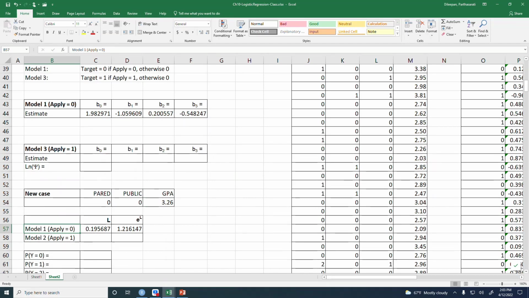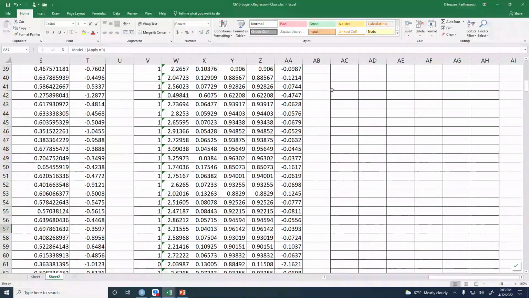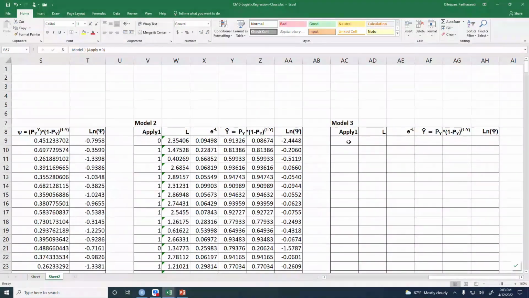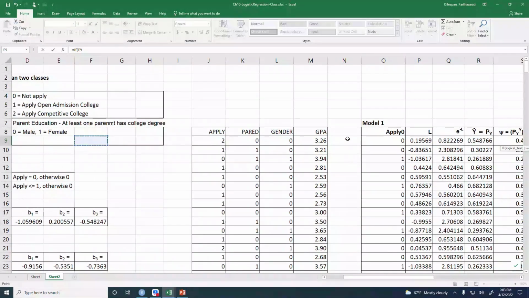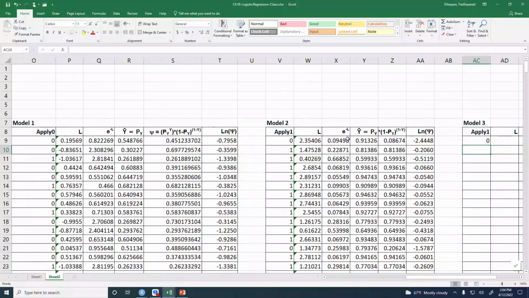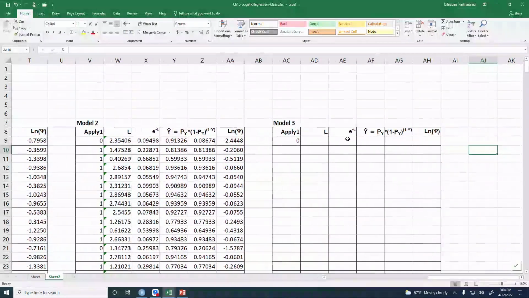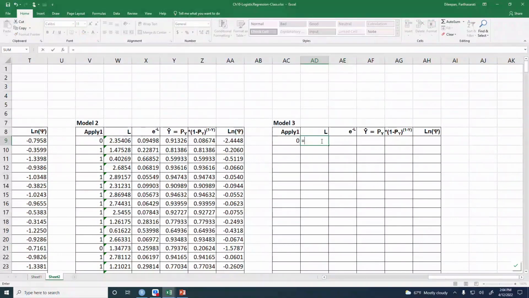Just 1. So your model 3 here is if original apply equal to 1, it is 1. Otherwise 0 for the other two.